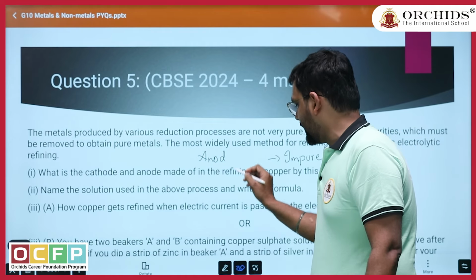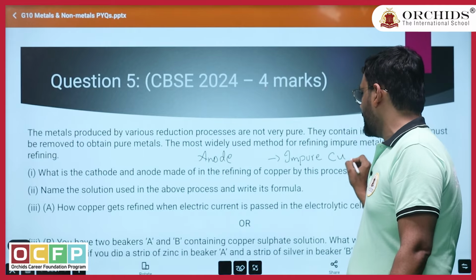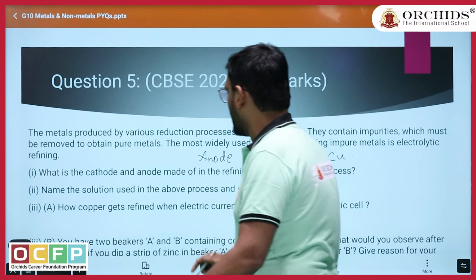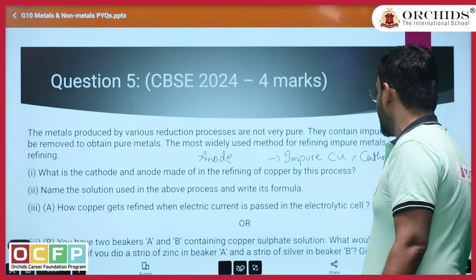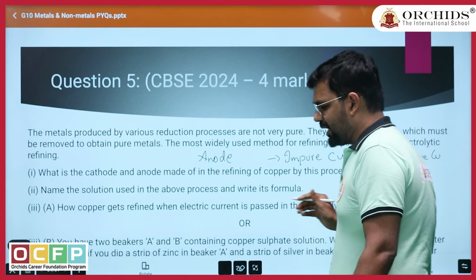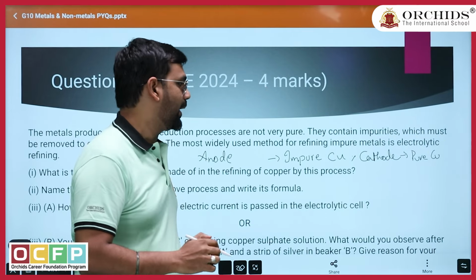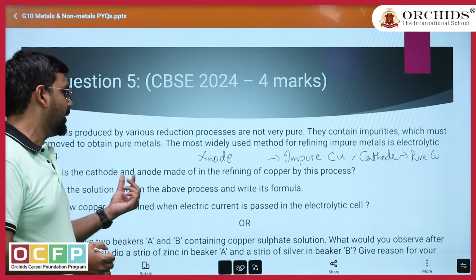Anode is nothing but my impure copper. And what about the cathode? Obviously the cathode should be the pure copper metal, a thin strip we will take over there. So that is what the cathode and anode are made of in the refining of copper.